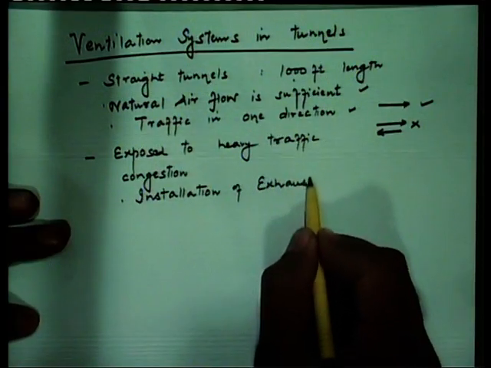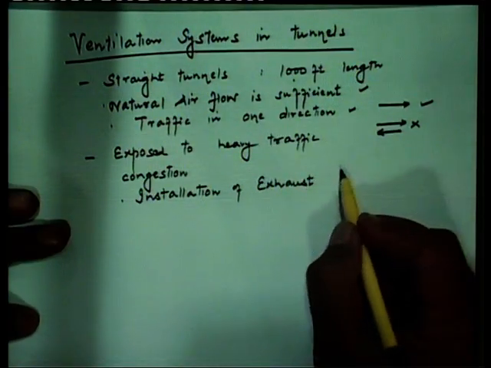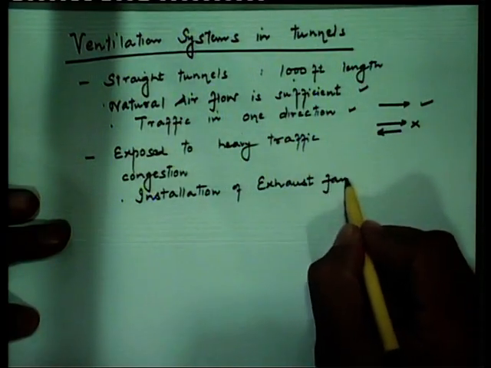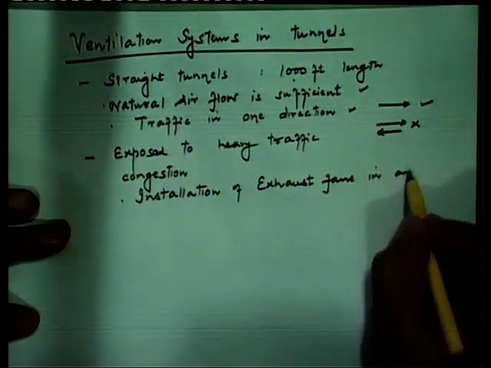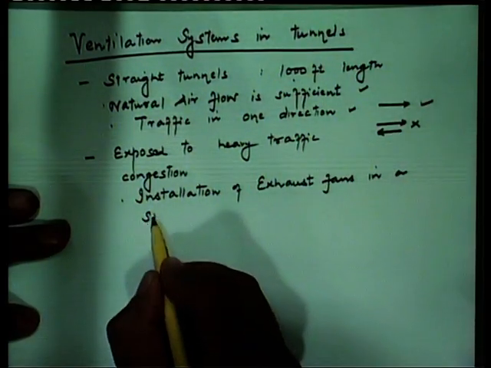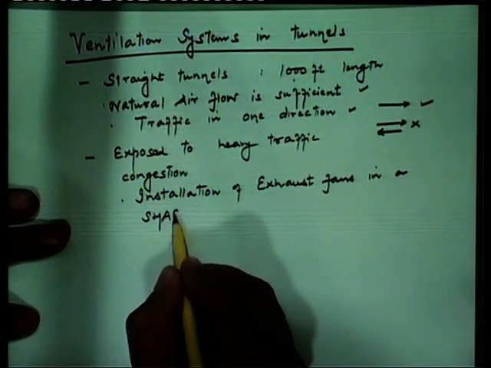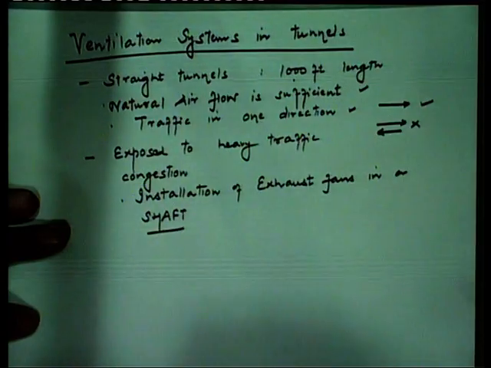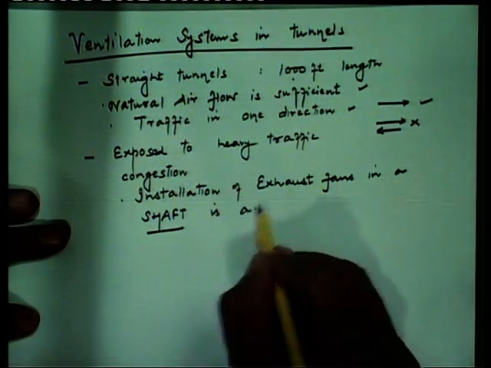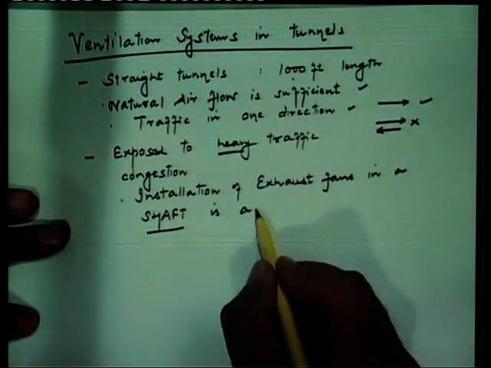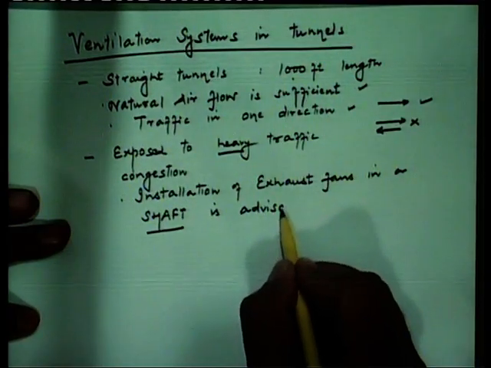Here comes the artificial type of ventilation, the exhaust fans in a shaft. This term is very important, and I am going to discuss it in slight detail also. Shaft. The installation of exhaust fans in a shaft is advisable if the traffic is heavy.